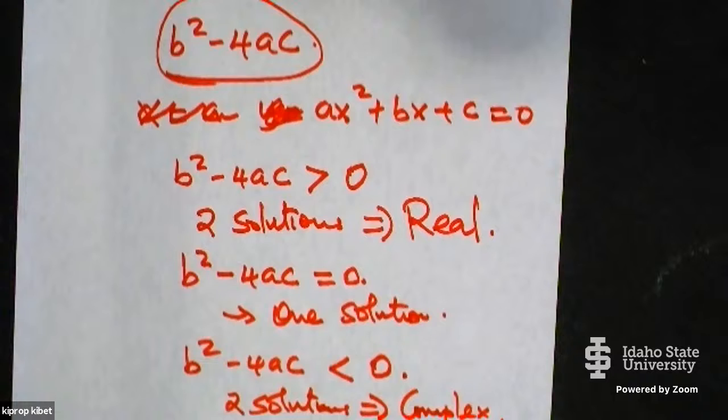So our answer there is B, which is two distinct, different solutions, and they are real. Okay, so I hope that one is clear.